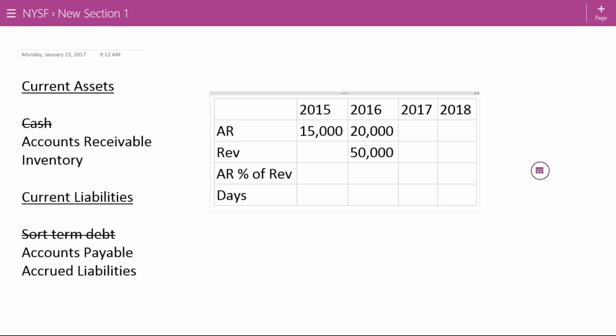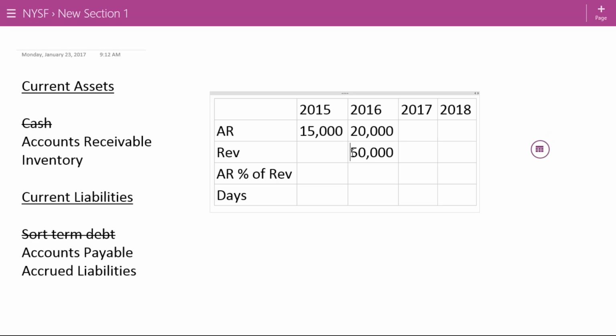Right? Yes? Now, actually, the way we're going to do it historically is you want to take an average of AR. You want to take an average of 2015 and 2016 AR divided by the current year's revenue. You don't average the revenue. You average only the balance sheet balance divided by revenue times 360.